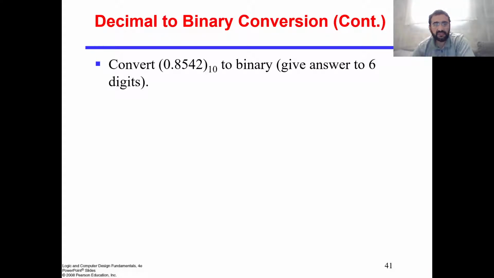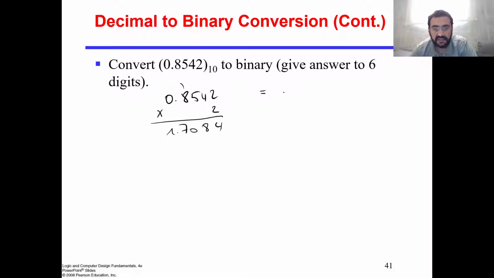Okay, so let's take this example. For example, we have here 0.8542, and we need to convert it to binary. Because we only have a fractional part, we will make successive multiplications. So this will give us 4, 8, 10, 16 plus 1, 17. Sorry for that.